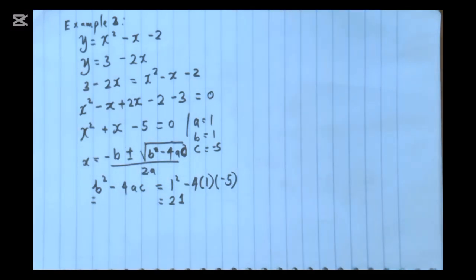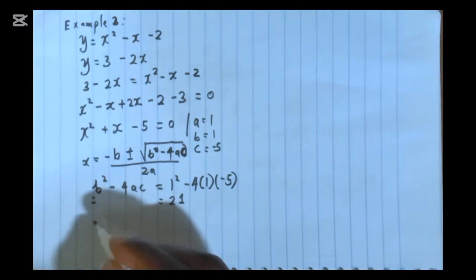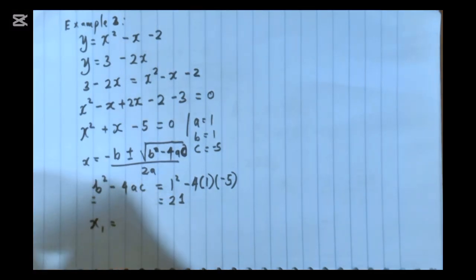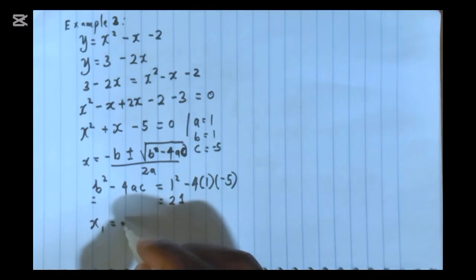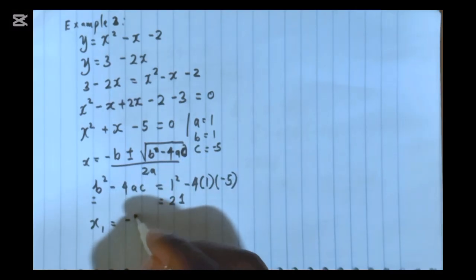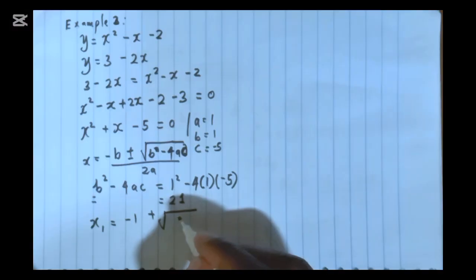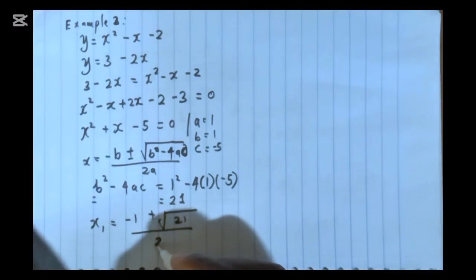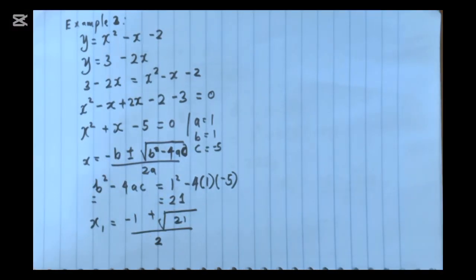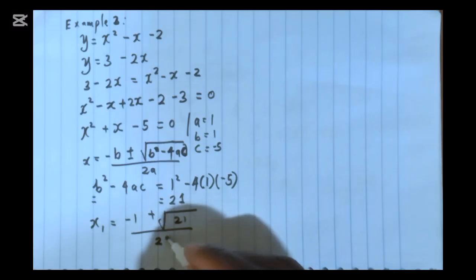So why don't we go ahead and solve for x1? So x1 will be equal to negative b, which happens to be 1, so it's going to be negative 1 plus the square root of our discriminant, which is 21, all over 2a, which is just 2 into 1.